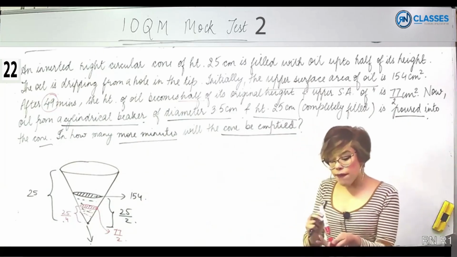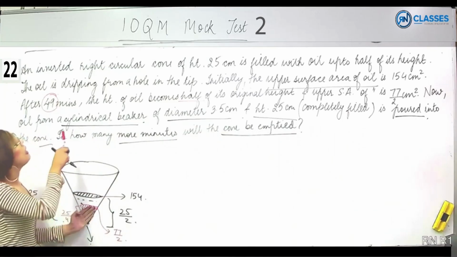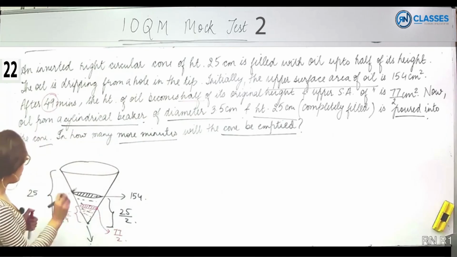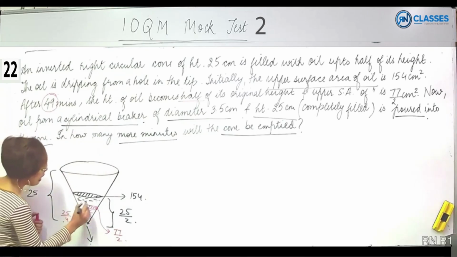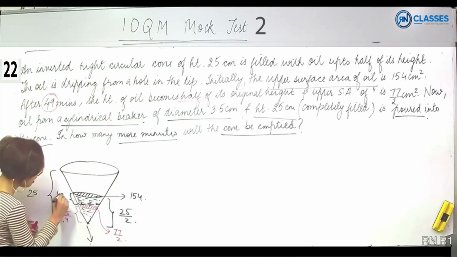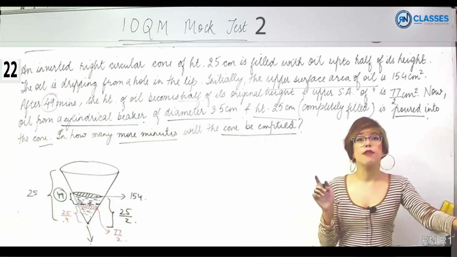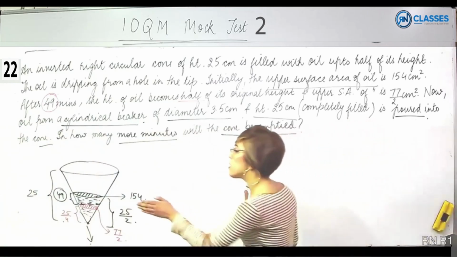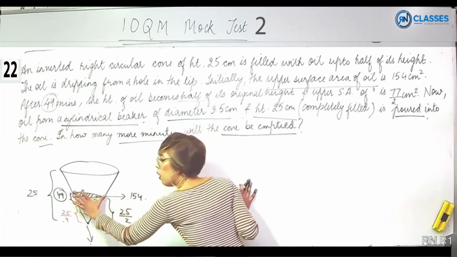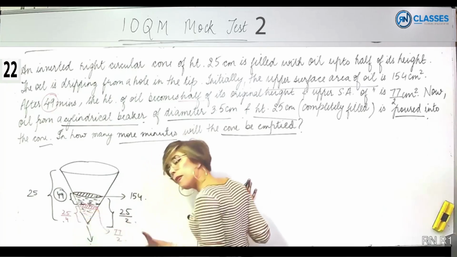Right? Now, if I need to empty out the cone, I need to empty out this oil which is left and the additional oil that I poured. Right? Okay. Now what do I know? The oil which leaked out, which is this one, in 49 minutes. So, how much volume of oil dripped out in 49 minutes? Let me find out. This is nothing but the volume of the bigger cone minus the volume of this red cone, right?